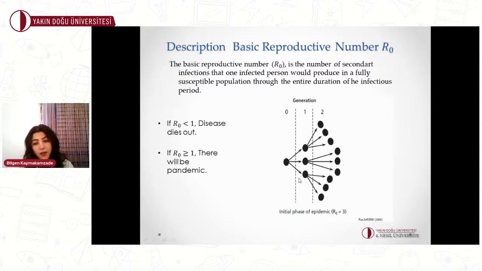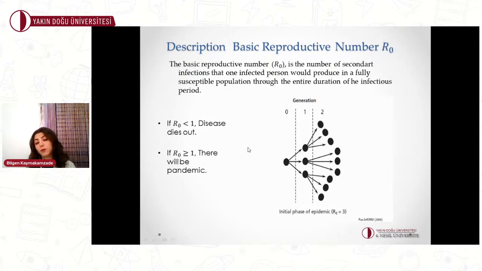And then each of those persons can again infect 3 more persons. If we continue like that, as we can see, we have a huge number of infected persons. So we must be careful about the disease because we have a pandemic here.